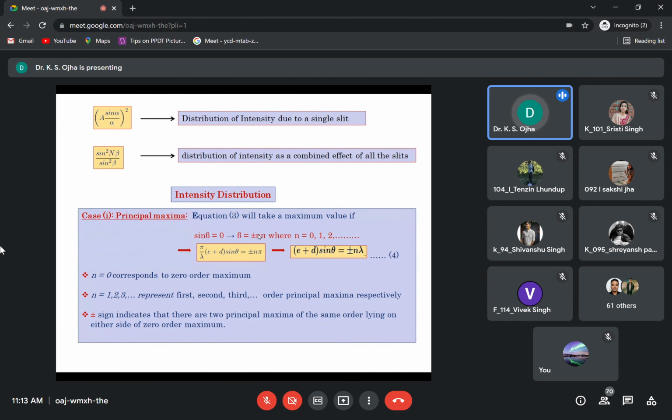It means in the case of diffraction grating, we will observe more than one principal maxima. n is equal to 0 is called the zero order maxima. n is equal to 1 is called the first order principal maxima. n is equal to 2 is called the second order principal maxima. These first, second, third order principal maxima will be observed on both sides of the zero order maxima.